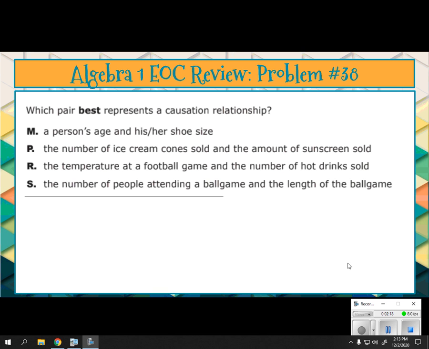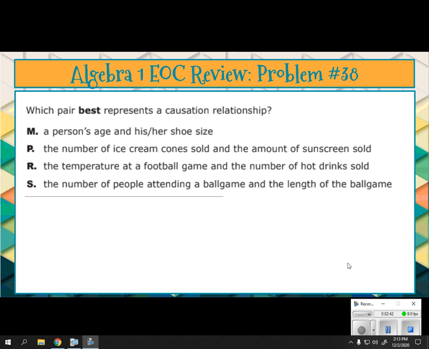This question isn't necessarily about experimentation to figure out the causation relationship, but really looking at the variables, if you were going to say one thing has a direct effect on something else, then which would be the best relationship?